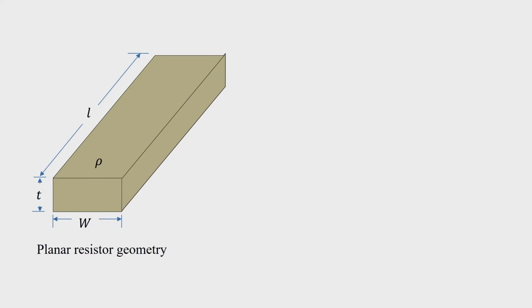So, here we show a planar resistor geometry where the material has a bulk resistivity of rho, it has width W, thickness T and length L. So, the resistance is given by rho L by A. Now, this area A is W T, and therefore, we can also write it to be L by sigma W T, where sigma, which is equal to 1 by rho, is the conductivity.